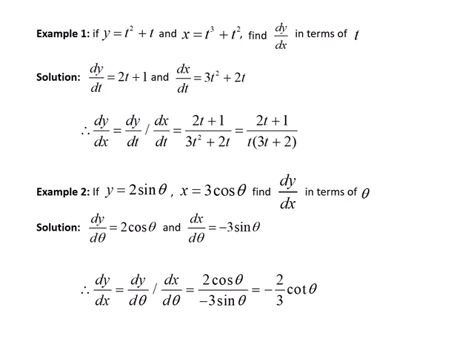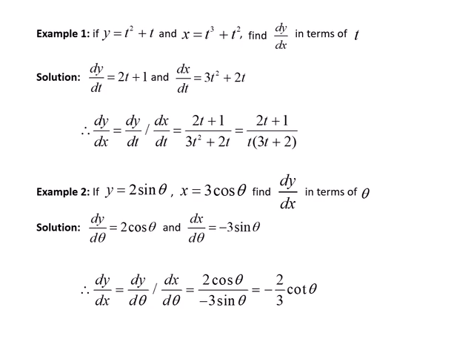So going back to that formula where we have dy/dx, dy/dx is equal to dy/dt divided by dx/dt. Since you have gotten dy/dt and dx/dt, just place the values there and divide, and we have 2t plus 1 all over 3t squared plus 2t.